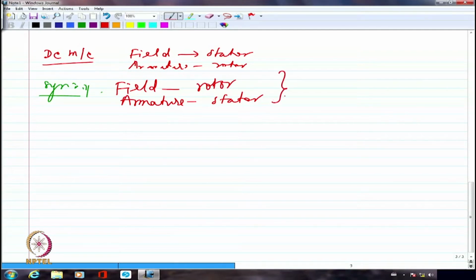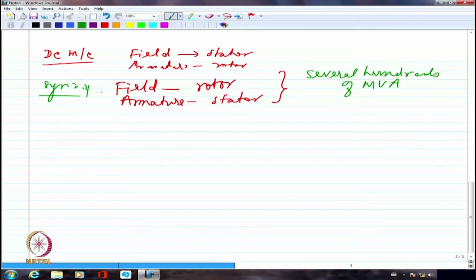Normally, most synchronous machines are going to have a rating of several hundreds of MVA, megavolt ampere, maybe 500 or 400 MVA minimum.